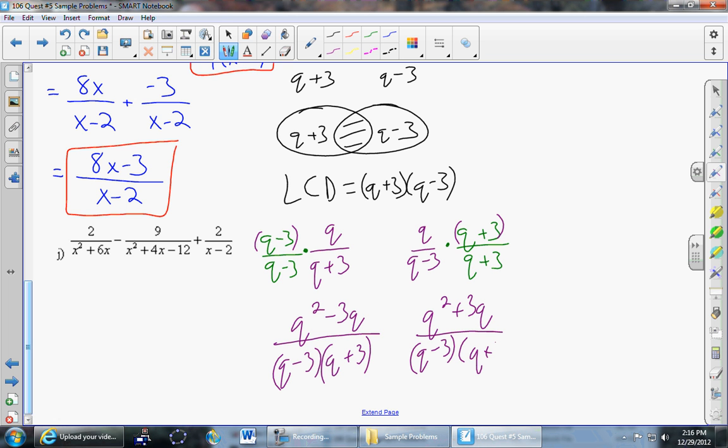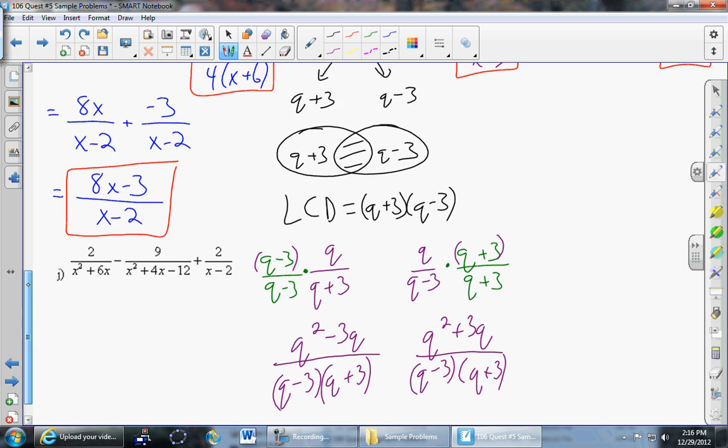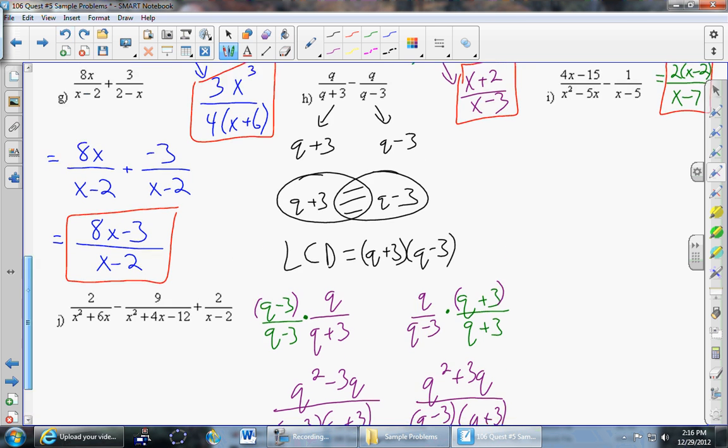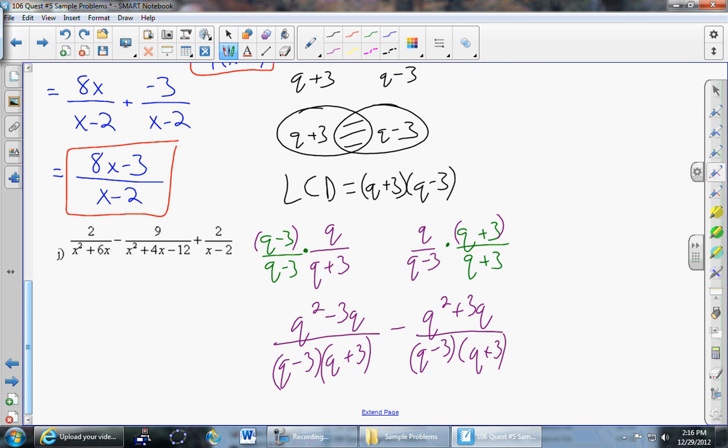No need to distribute downstairs, we'll just leave it as it is. And now I'm ready to put the sign back in between these two fractions. Was it a plus or a minus? This problem was a subtraction problem. So let's put a minus in between here and then subtract.